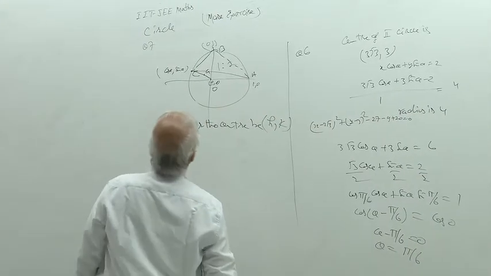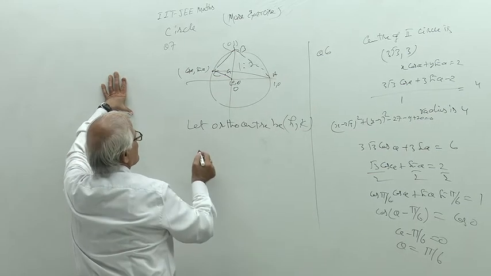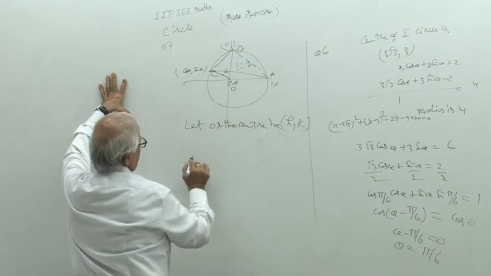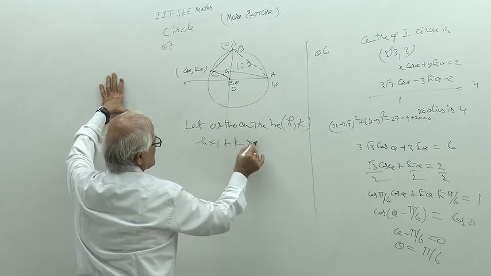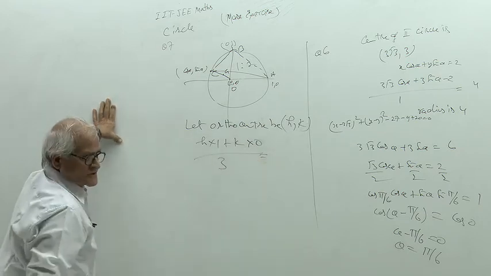We can easily have 0 into 2 plus the orthocenter (h, k) into 1, over 3. This is the centroid.